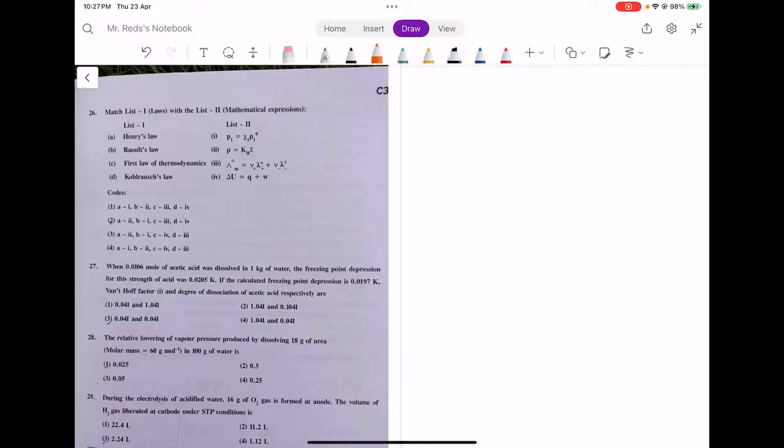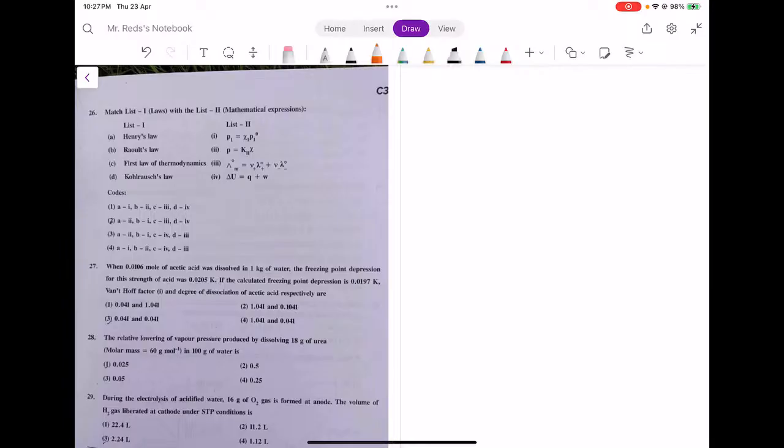See, question number 26, students. This chapter is related to solutions, thermodynamics and electrochemistry. By matching 1 or 2 compounds, you will get the answer.